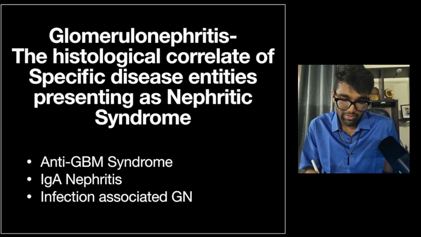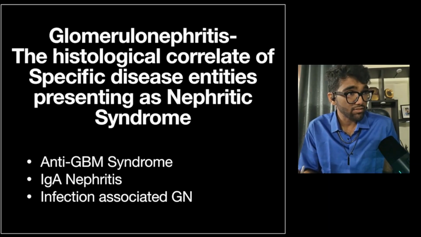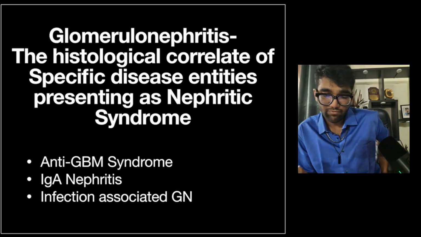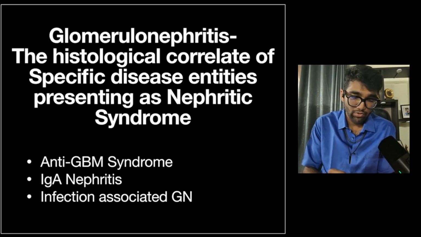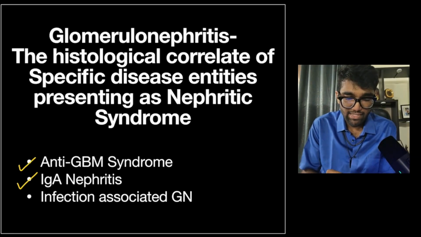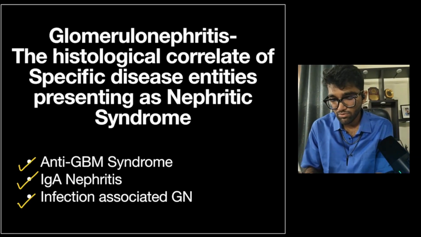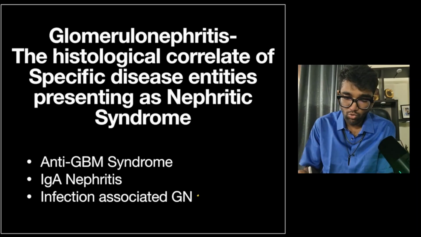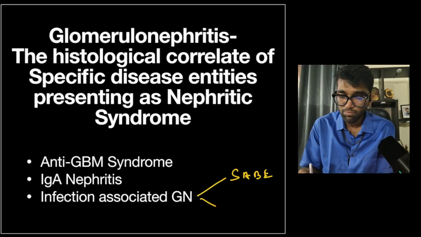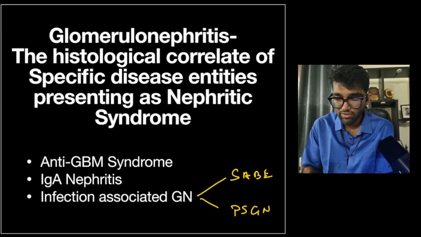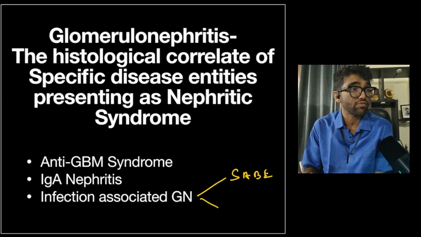So in particular, just like we discussed in glomerulonephritis presenting with nephritic syndrome part 1, we're going to discuss anti-GBM syndrome, IgA nephritis, and infection associated GN. This would include your subacute bacterial endocarditis, and it will include post-streptococcal GN, but it also includes other para-infectious and post-infectious glomerulonephritis.